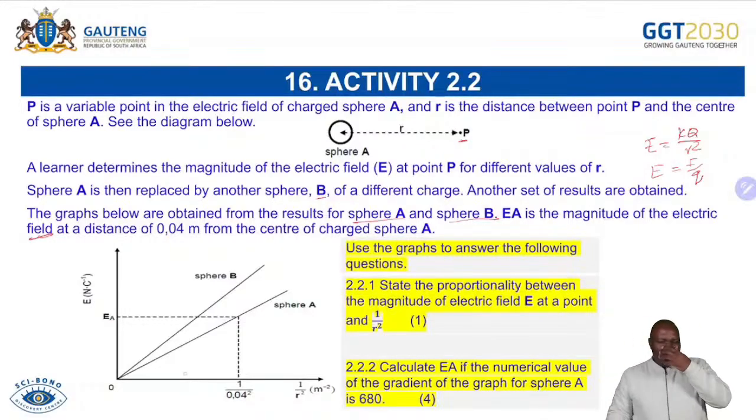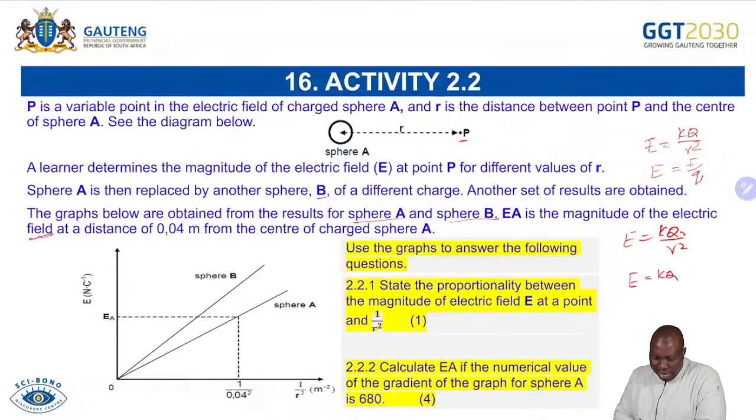So now, it's important for you to look here and say, okay, we're having E equals KQ over R squared. The graph is E, we are having KQ, but on the x-axis, you are having 1 over R squared, which is your 1 over 0.04.